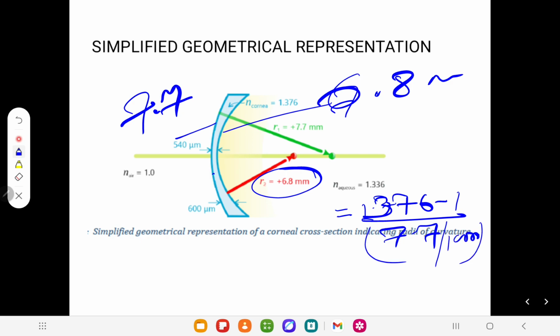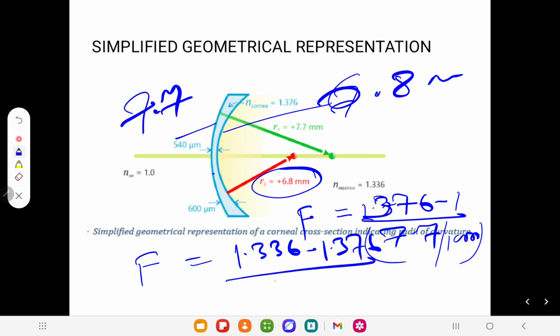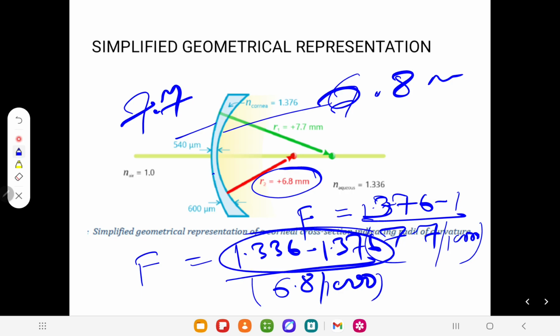So this is the actual power of the front surface. But the back surface is really crucial: (1.336 minus 1.376) divided by 6.8 divided by 1000, isn't it? The difference between the index of cornea and aqueous is so small that the back surface becomes minus 6 power.